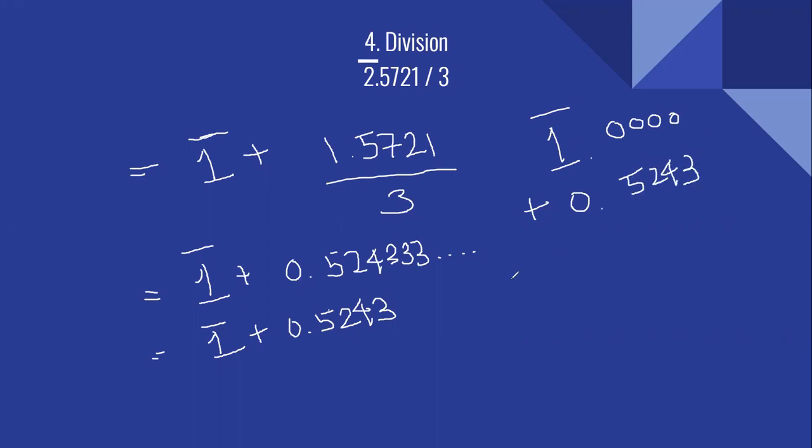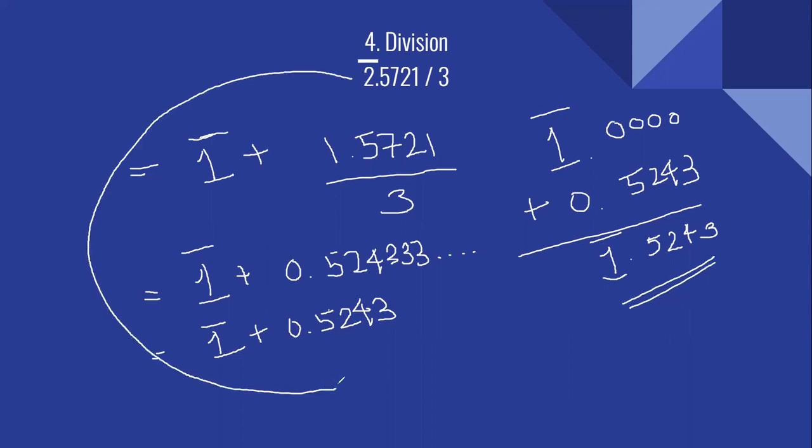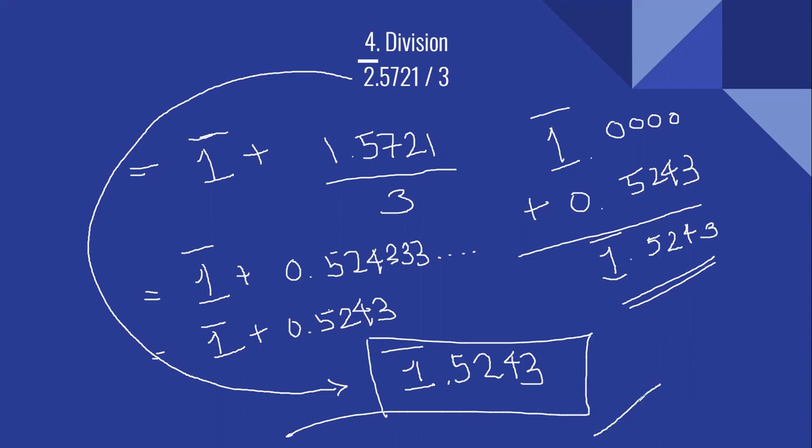Now if we add, we get 3, 4, 2, 5 point. 1 bar is minus 1 again, and minus 1 plus 0 is nothing but minus 1, and minus 1 again is written as 1 bar. Therefore, the answer to this is 1 bar point 5243. This is how it's done.